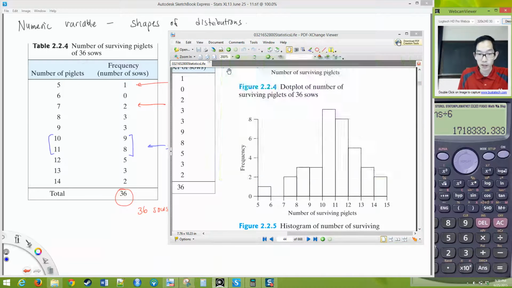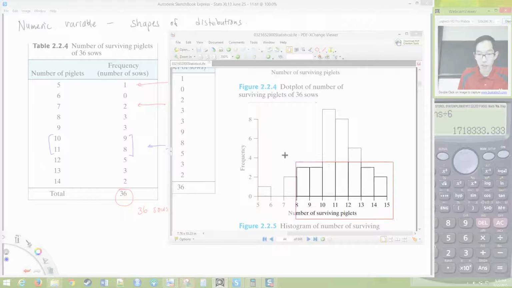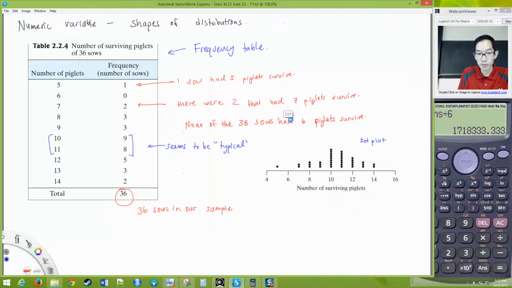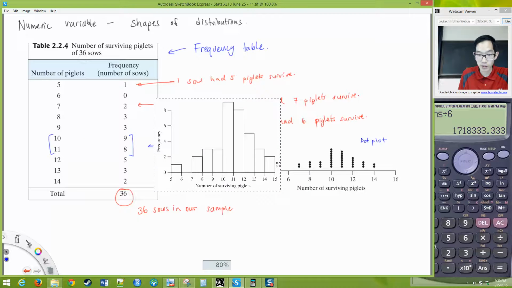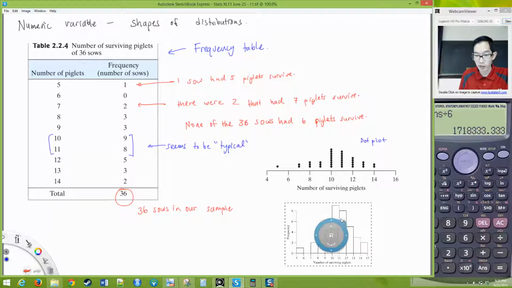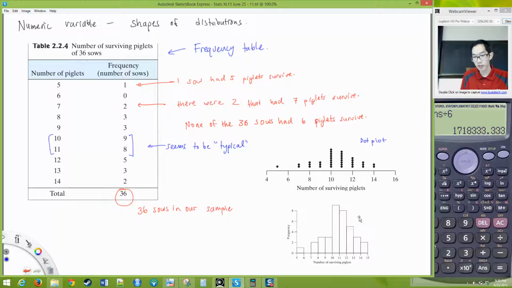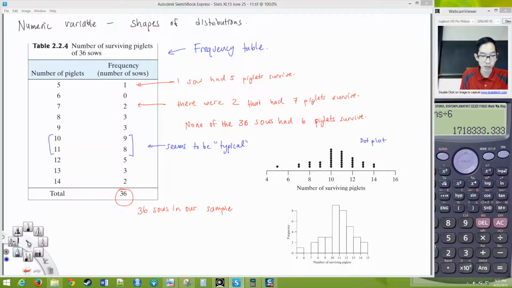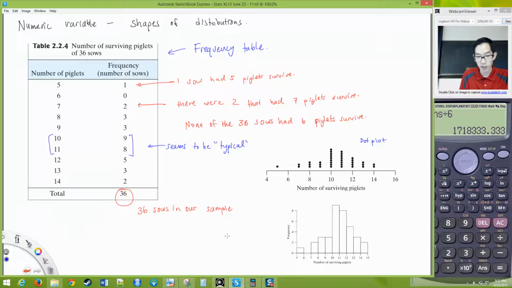And so a histogram is a very commonly used tool. Okay, and let me see if I can shrink this down and stick this right here. Okay, so this is the exact same information, exact same info. And this is a histogram.